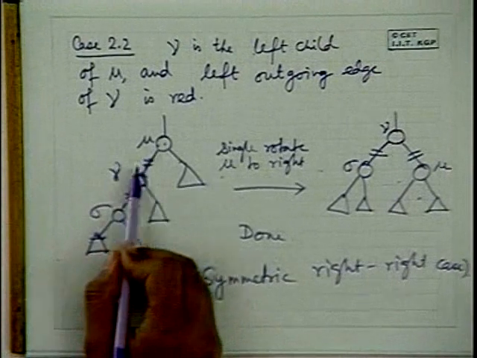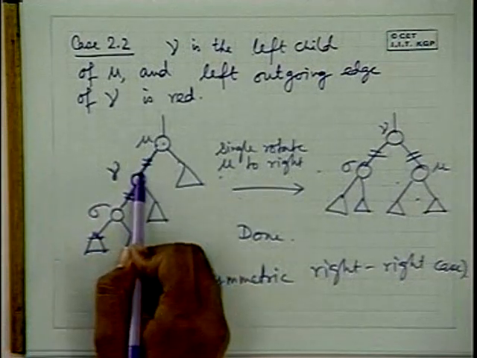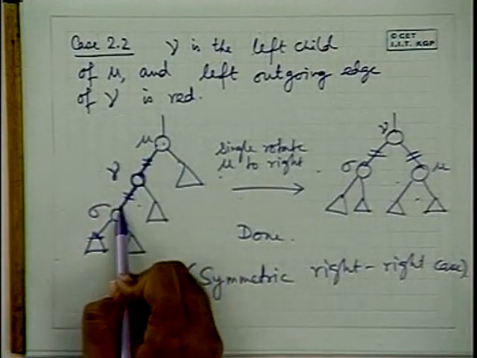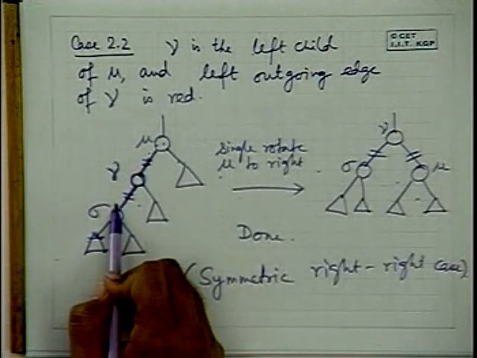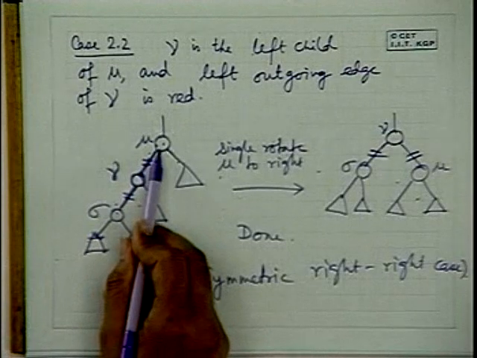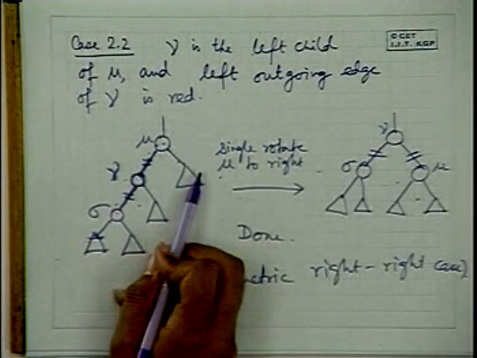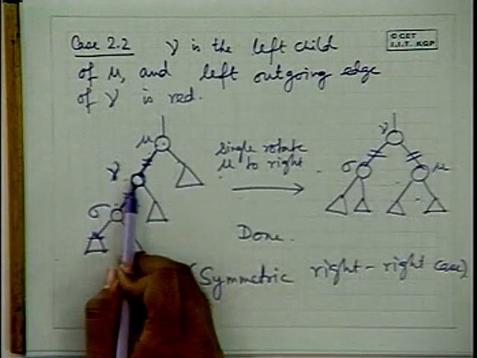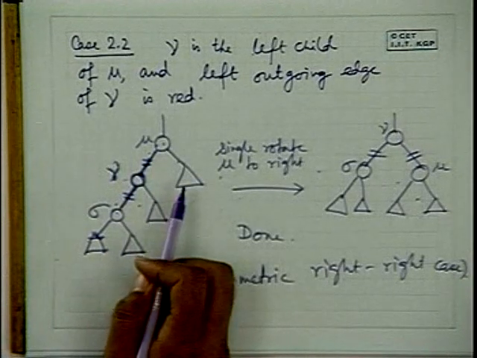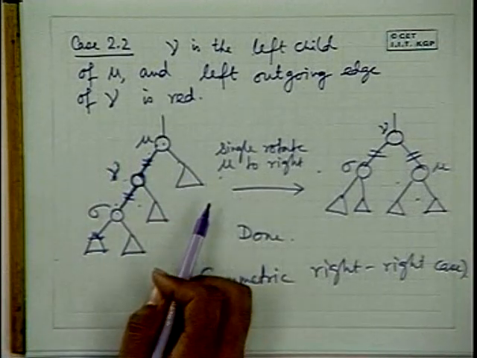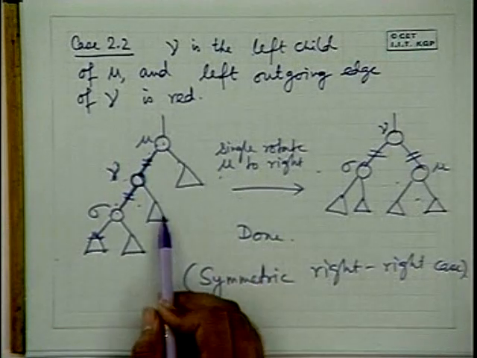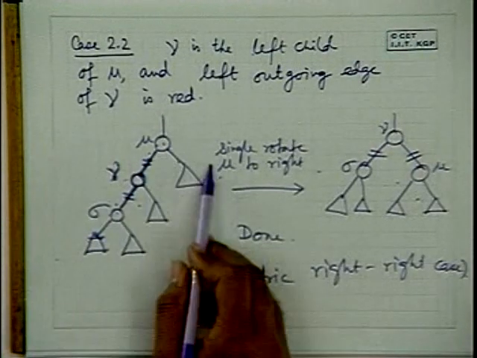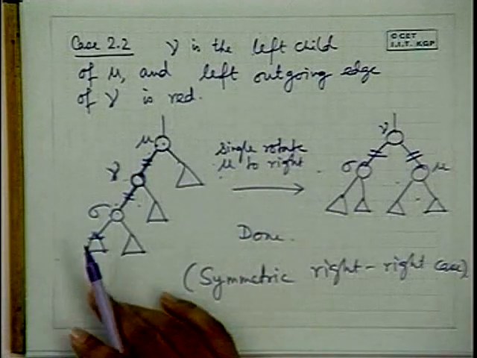Here it is a left child which is red. This is also a left child. So this is the configuration. What I am saying, there is a symmetric case where nu has the right child which is red, and nu has an edge on the right side of it which is red. Instead of left, that is right. That you can also take care of in a similar manner, only instead of right rotate you have to do a left rotate.